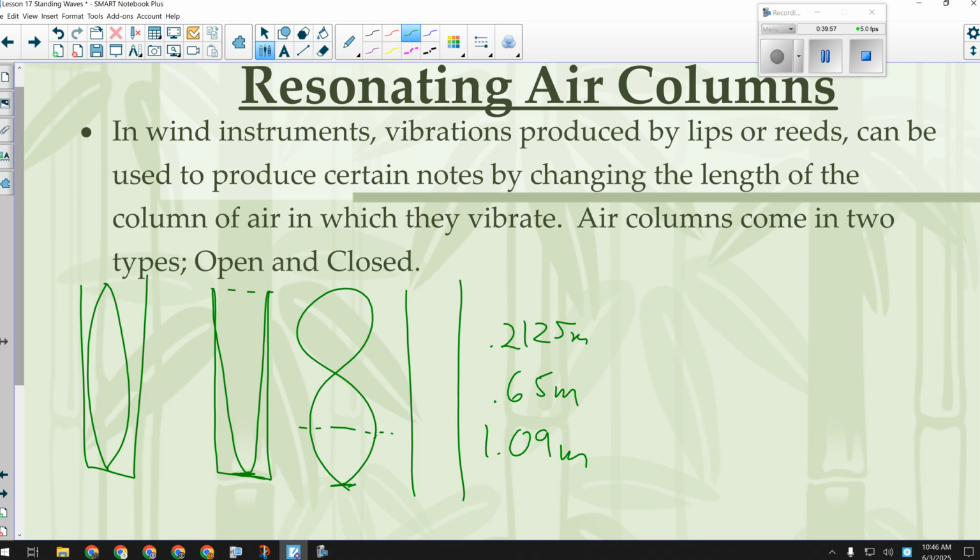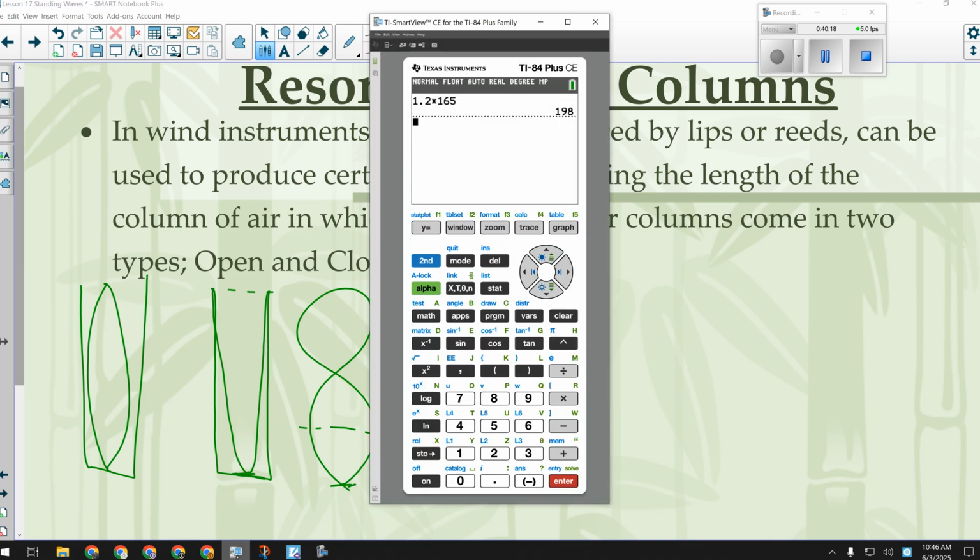Okay, so that means this represents 1/4 of a wavelength. Agreed? If I multiply that number by 4, will that give me the wavelength? All right, so the wavelength of that sound is 0.85 meters.